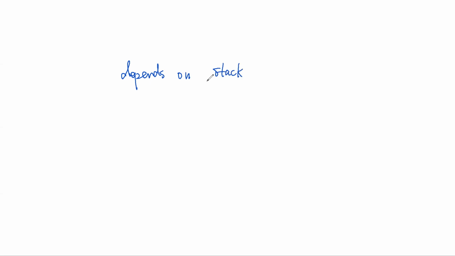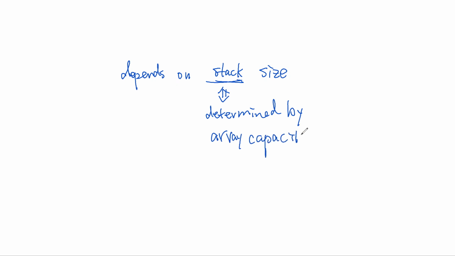It depends on your decision about stack size. Generally speaking, here we consider the stack size determined by array capacity, because we implement with array. So if your array capacity is 25, then your stack capacity is also going to be 25.